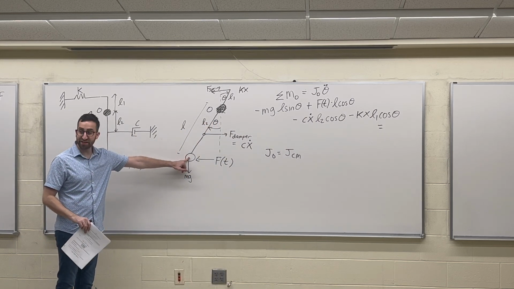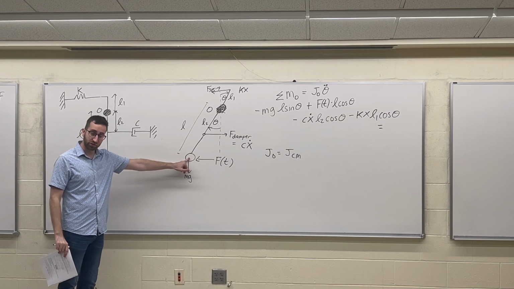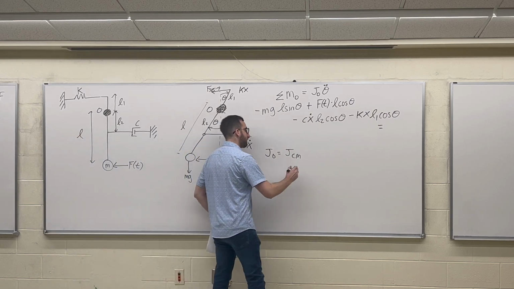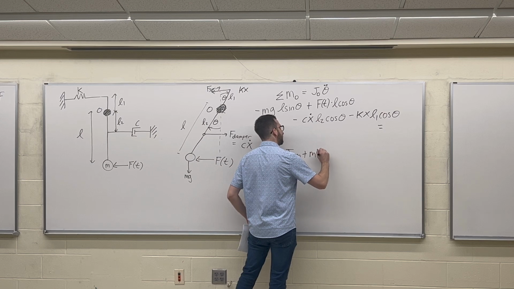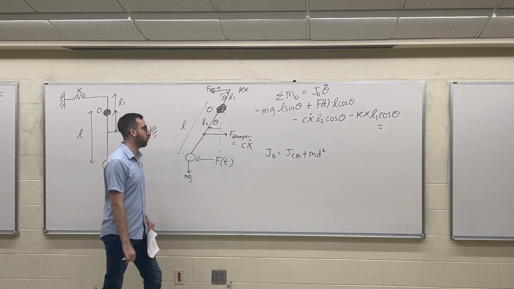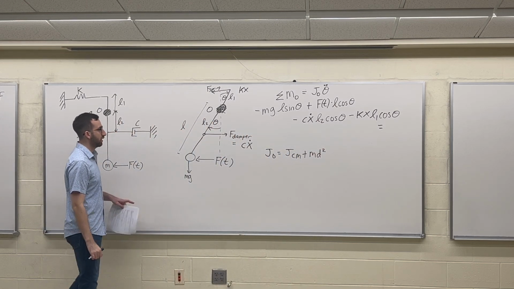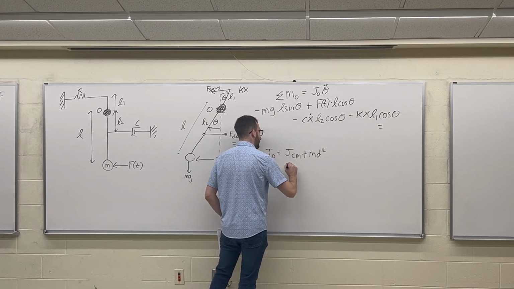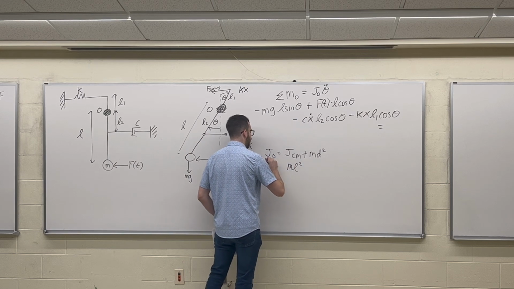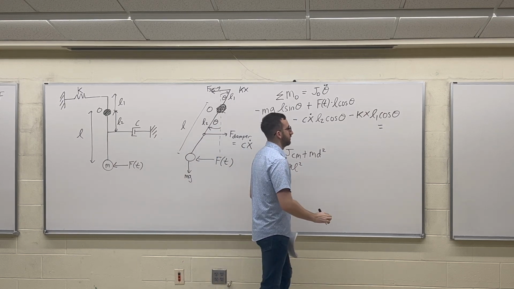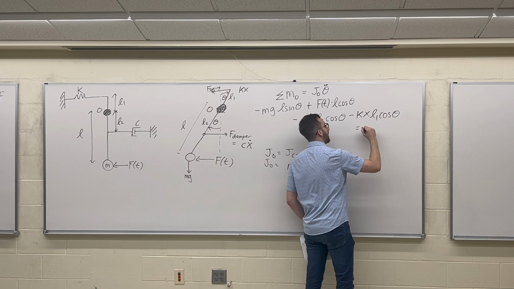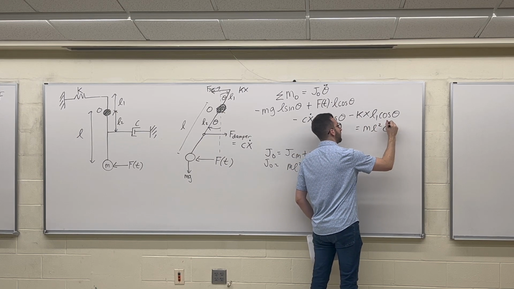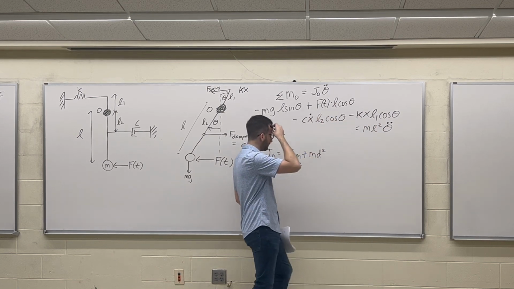This is a point mass, so what's J CM? Zero, plus m times the shortest distance to the pivot point from the mass, so m L squared. So J naught is m L squared, and this ends up being equal to m L squared theta double dot.